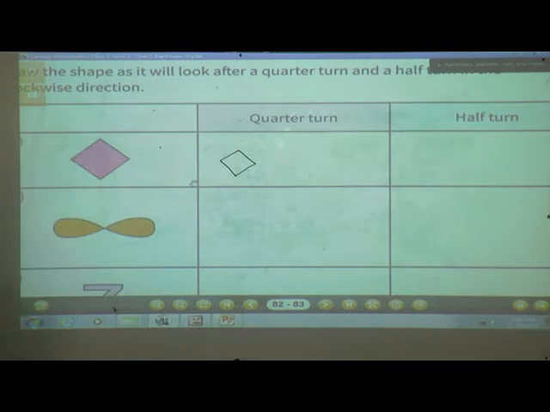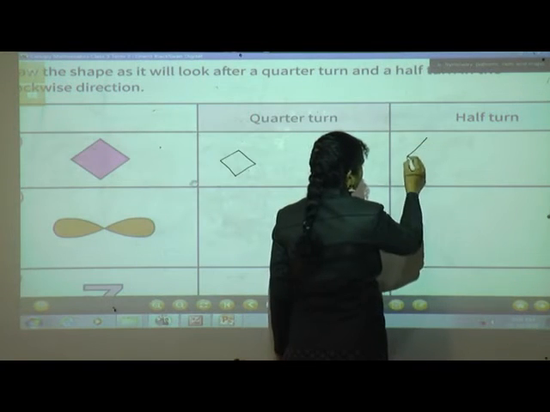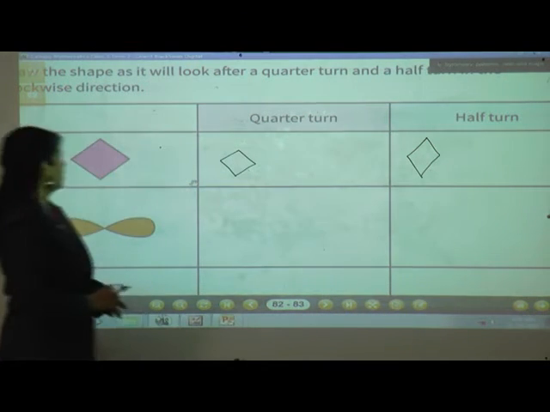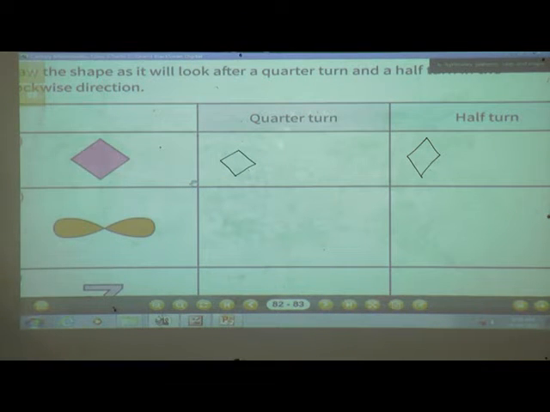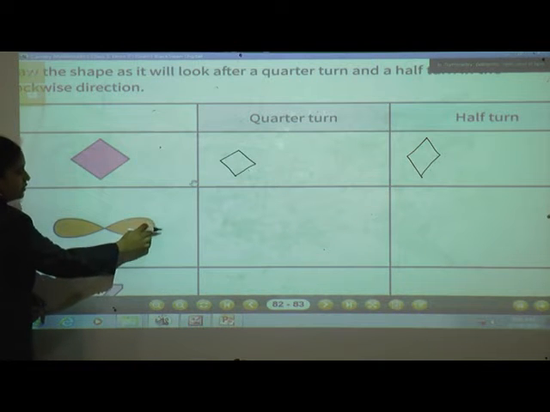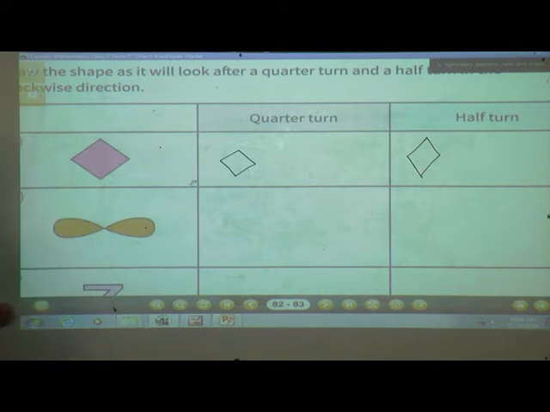Okay, and after a half turn, it will look like this, isn't it? Okay. Now here, quarter turn, that means this dot will come here and this will come here, isn't it?